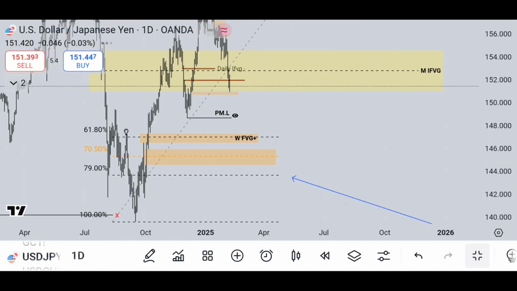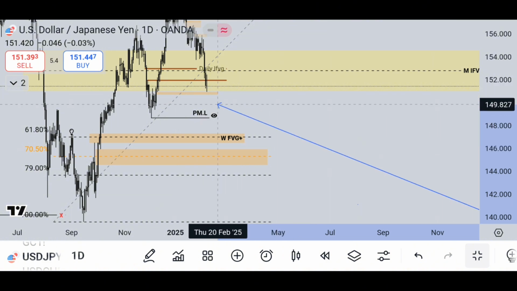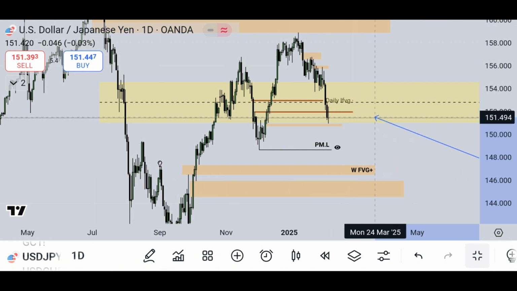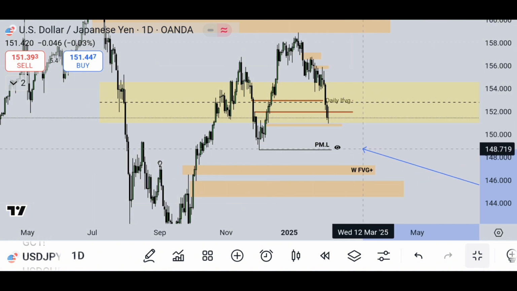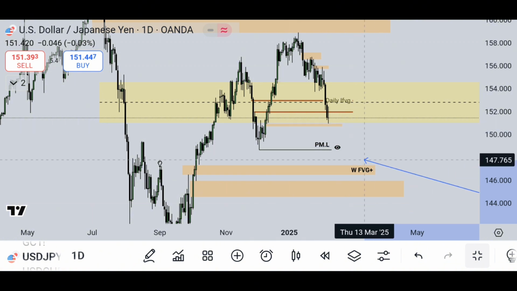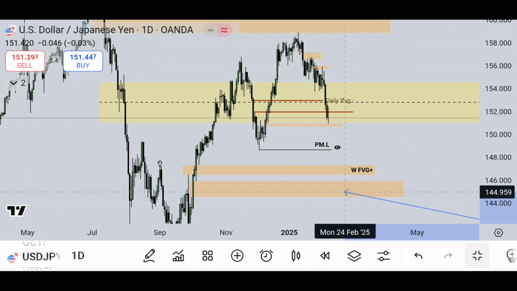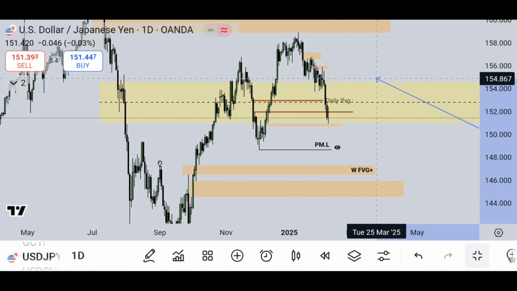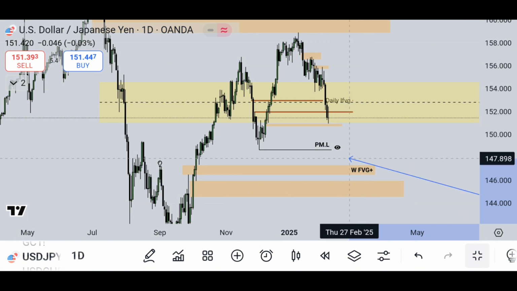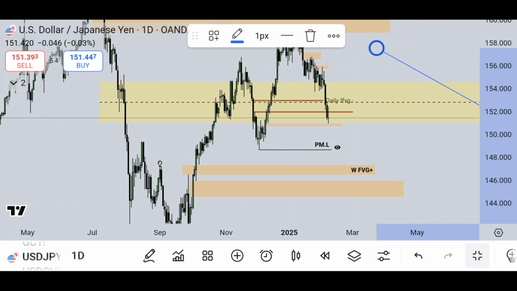So guys, for next week, we should consciously look at this previous month's low, because it's holding liquidity. But remember our monthly order flow: price has to first eat some liquidity before it delivers, right?